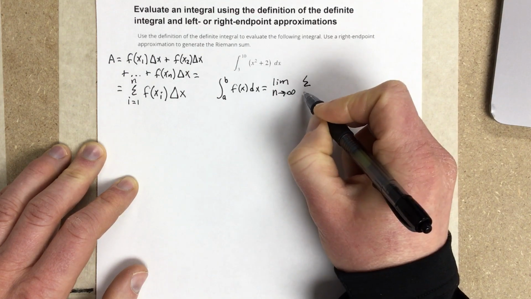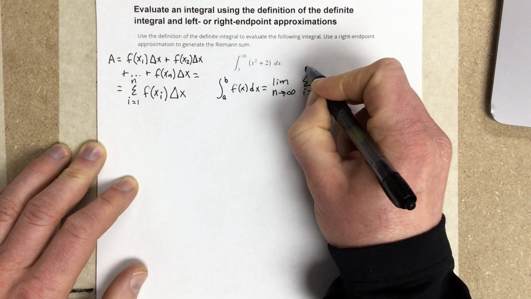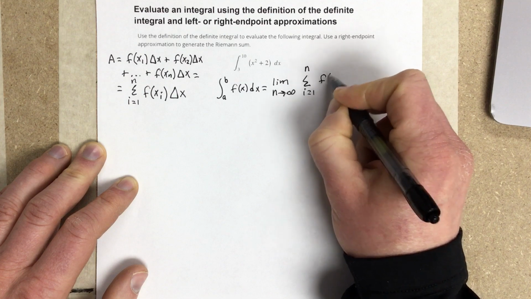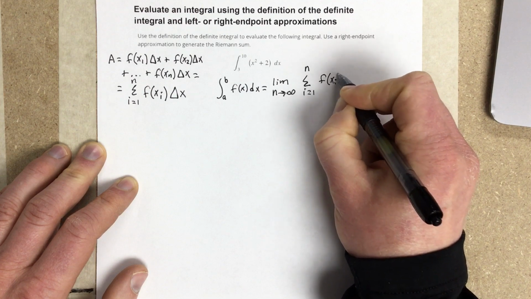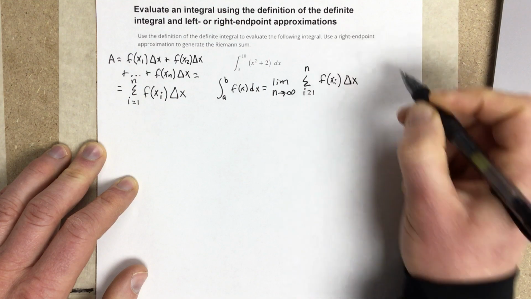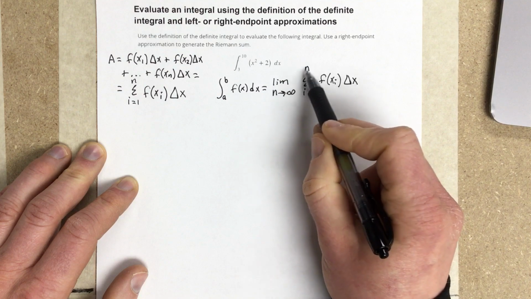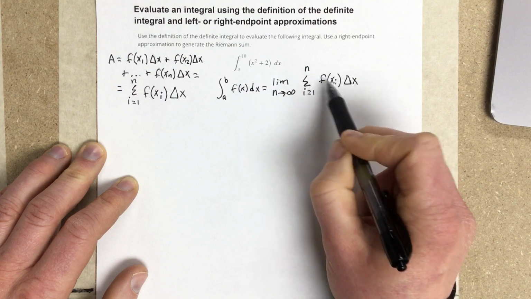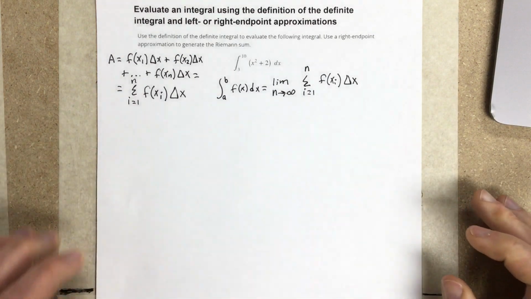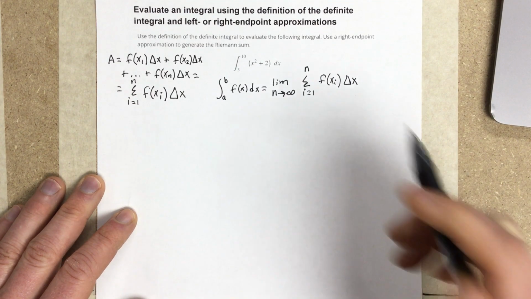So we sum i equals 1 to n of f of xi change of x. So we take the limit as n goes to infinity. So this just continues to sum forever and ever till we get basically our exact answer. That's how that works for this integration.